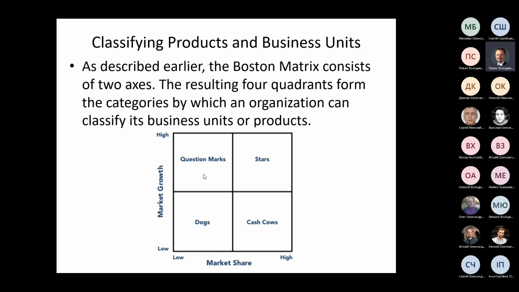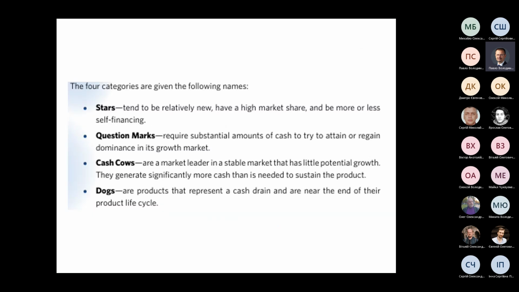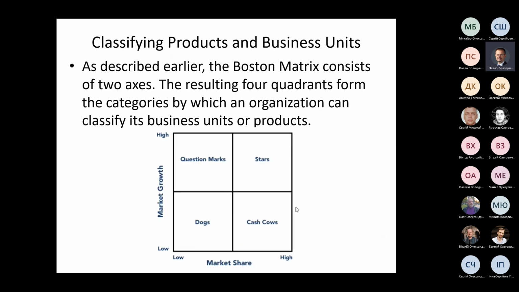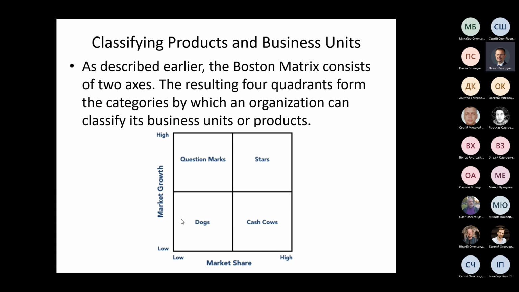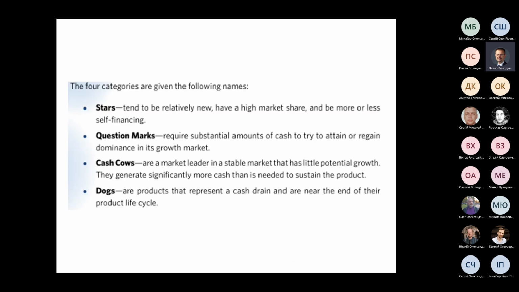We have a small share of the market, but the market is growing rapidly. Cash cows, or just cows, sorry, we have here. So the market share is big, but the market growth rate is small. And the last, the dogs, are here. It means that it is a small market share at a market with a small growth rate.